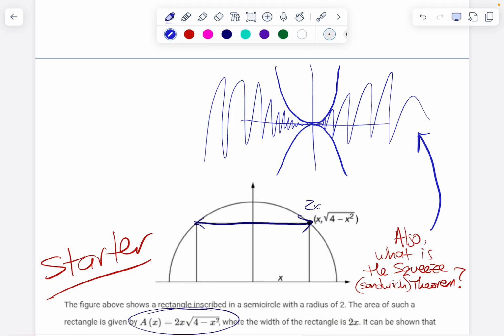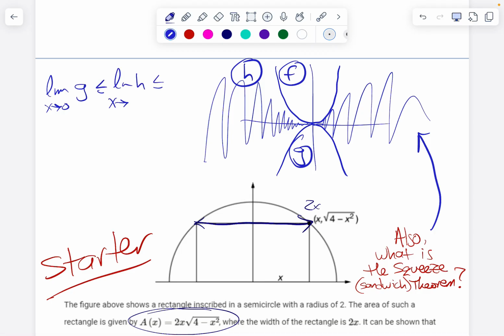Well, we could say that the limit as x approaches 0 is the same as those two parabolas' limit, as long as, let's call this f, g, and h, as long as we knew that this was true. Okay, so the limit had to be squeezed in between the limits of the other two.